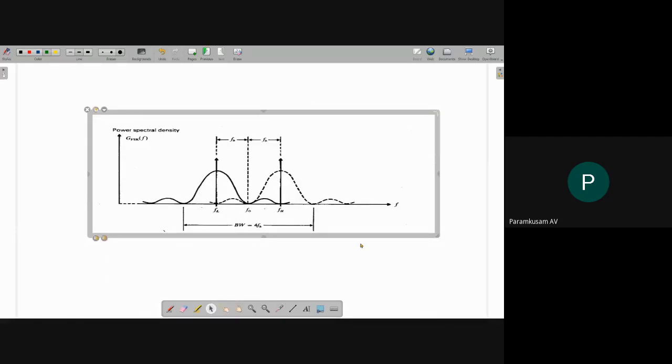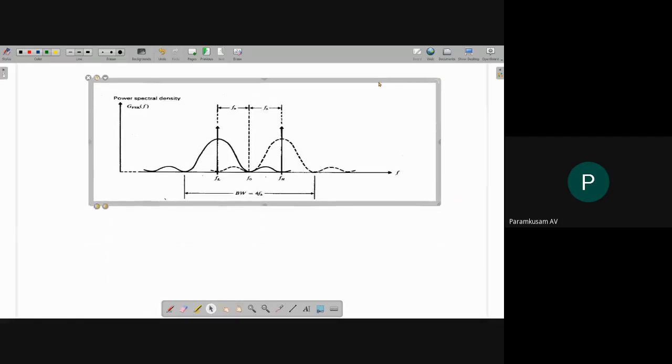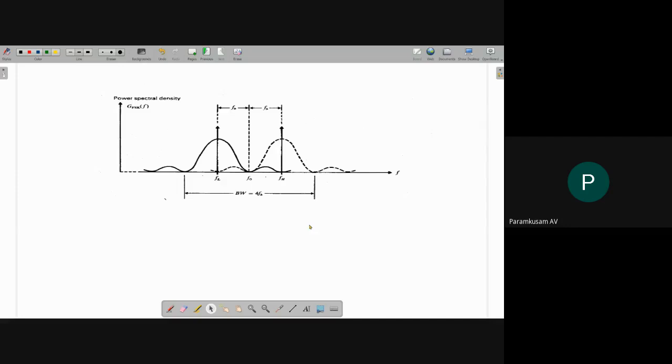This is the frequency spectrum of the FSK signal.